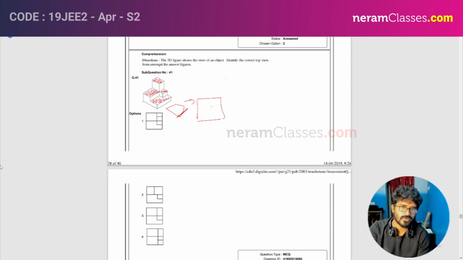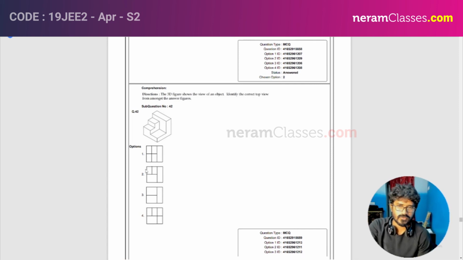So if we do that, there will be a rectangle here and there will be a small thing here and also a small rectangle here. So which one will be matching with this will be the correct answer. Option 1 is wrong and option 2 is also wrong because they have different edges here, and option 3 is matching and 4 is wrong because we have a connection line here. So 3 is the right answer.